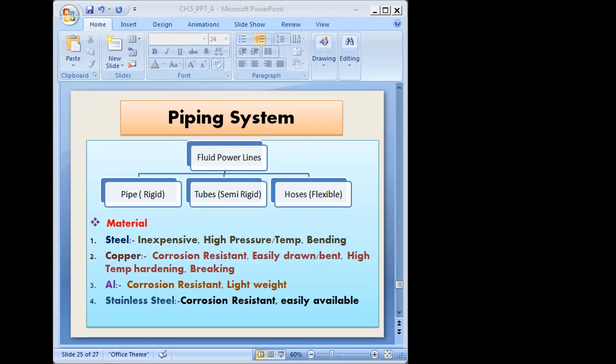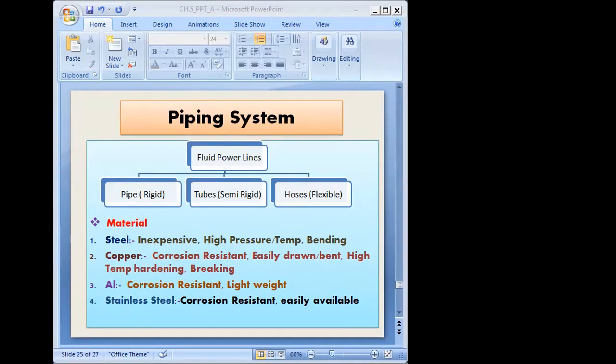Again, there are a number of factors that are to be considered while selecting this piping for any particular fluid power application or system. These factors normally include the type of fluid, the required system pressure, and the location of the system also.